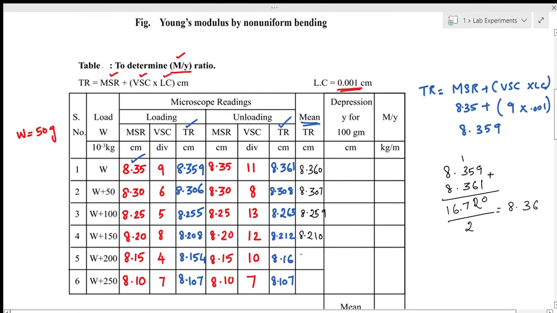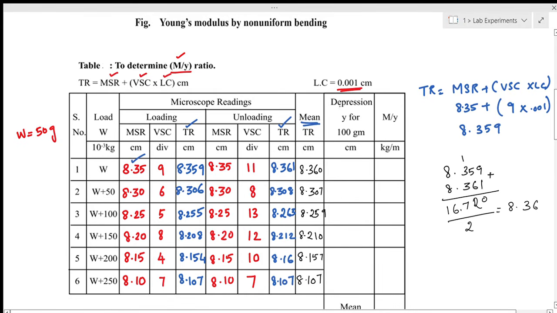Then here 8.154 plus 8.160, I get 8.157. And here it is easy, 8.107.